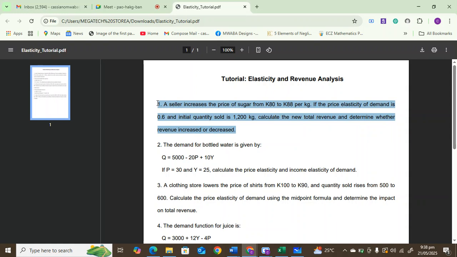Though it sounds textbookish, yes, that's correct. Degree of responsiveness. Yes, that's also okay. So, with this question here, what do we need to do? Because eventually they're asking us to calculate the total revenue.